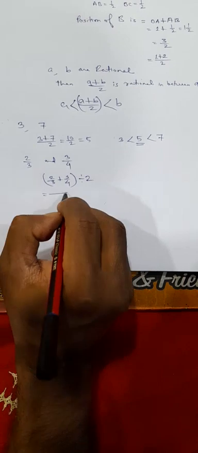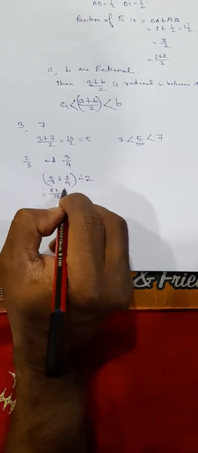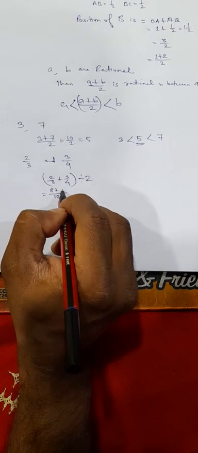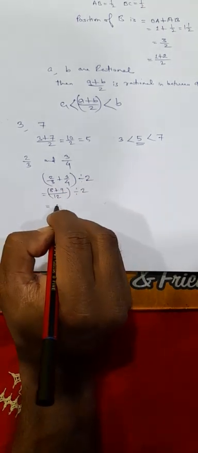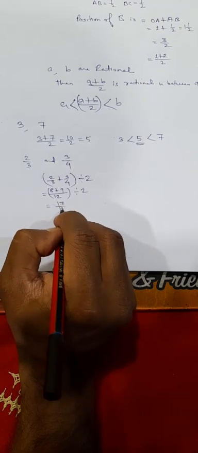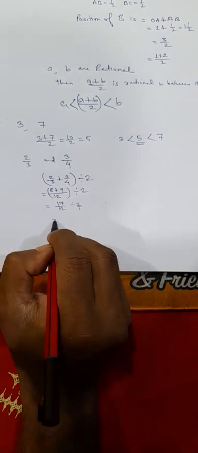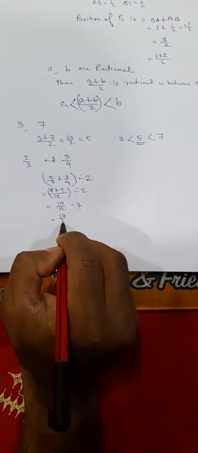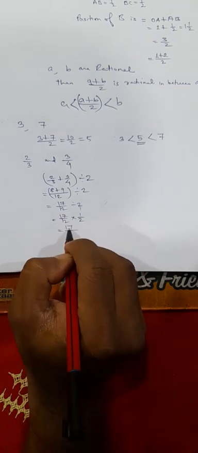LCM is 12. 3 4s are 12, 4 2s are 8, 4 3s are 12, 3 3s are 9, divided by 2. This is 17 by 12 divided by 2. Divided by 2 means multiplied by 1 by 2. This is 17 by 24.